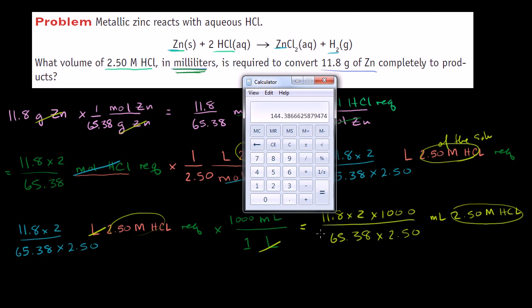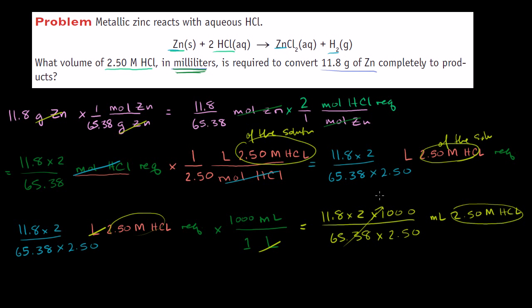And actually, a couple of numbers here only have 3 significant digits, so we should really only stick to 3 significant digits. So it's 144 milliliters of the 2.5 molar hydrochloric acid solution. And we're done. Hopefully you found that fun.